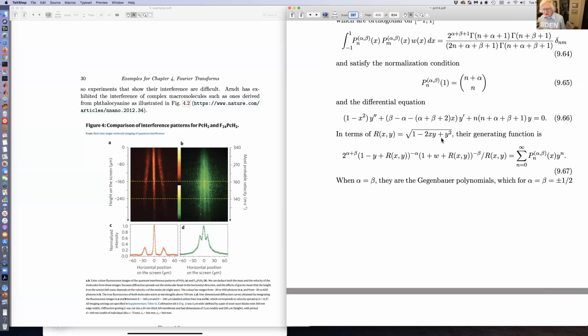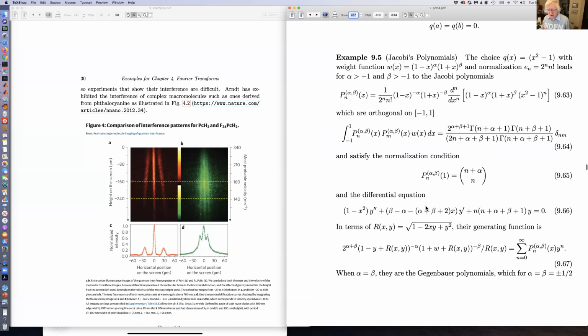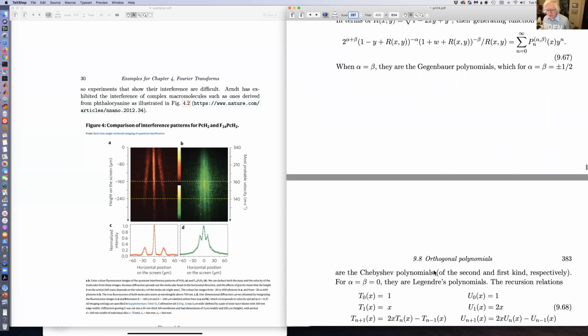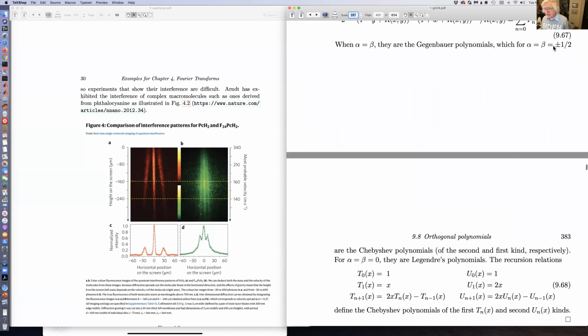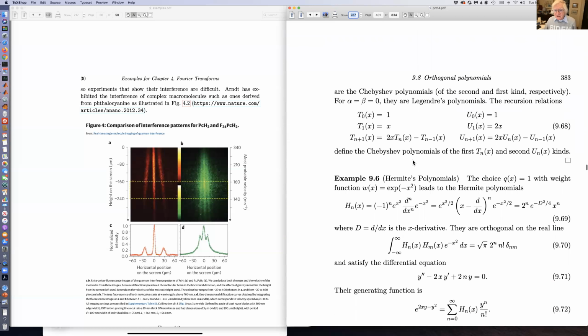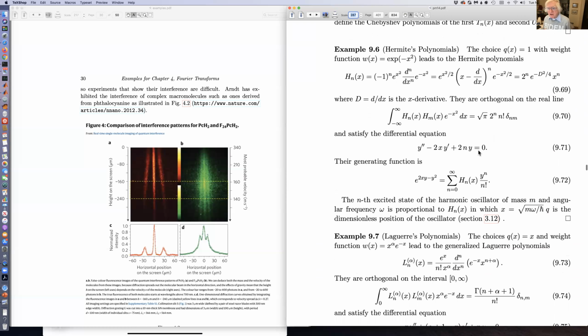You notice it's essentially the same form as for the Legendre polynomials. If you set alpha equal to beta, then the Jacobi polynomials become the Gegenbauer polynomials. And if you set alpha equal to beta equal to plus or minus a half, they're the Chebyshev polynomials. You set them equal to 0, they're the Legendre polynomials, and these are some recursion relations.